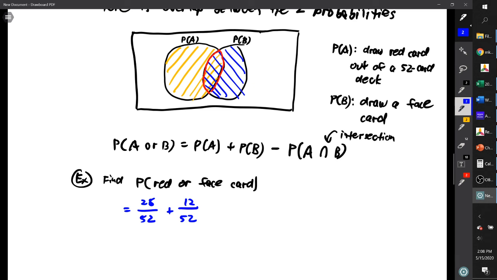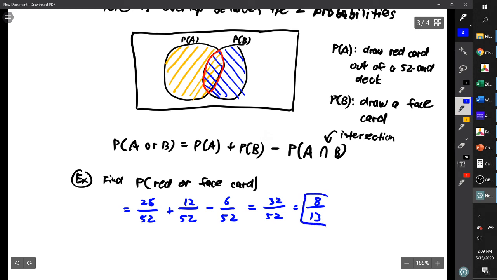But the Jack, Queen, King of Hearts and the Jack, Queen, King of Diamonds, we already counted when we counted all the red cards. So we need to subtract out the 6 cards that are red face cards. And put all those together: 26 plus 6, so 32 out of 52, which reduces to 8/13.